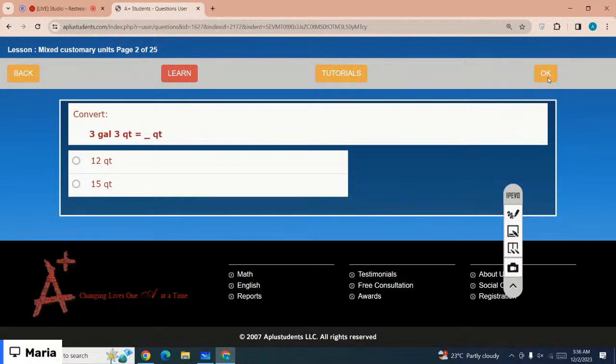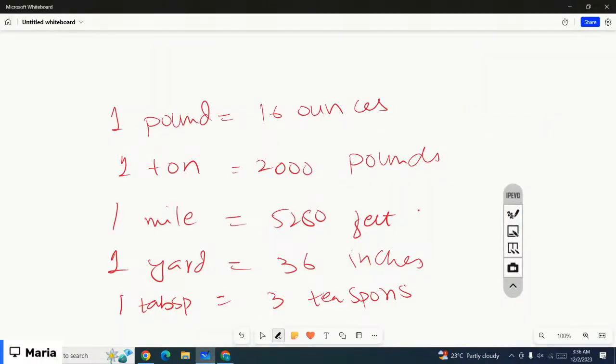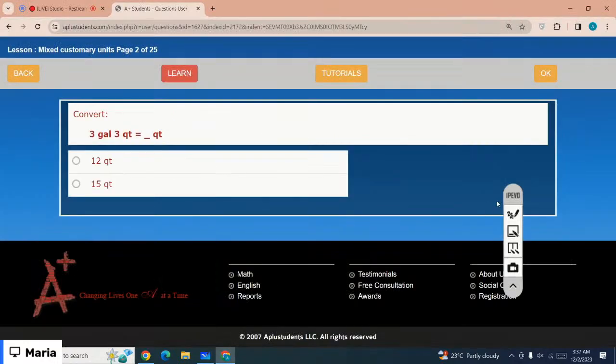Okay, the next one is you have 3 gallons and 3 quarts. You have to convert from gallons to quarts, right? 1 gallon equals 4 quarts.